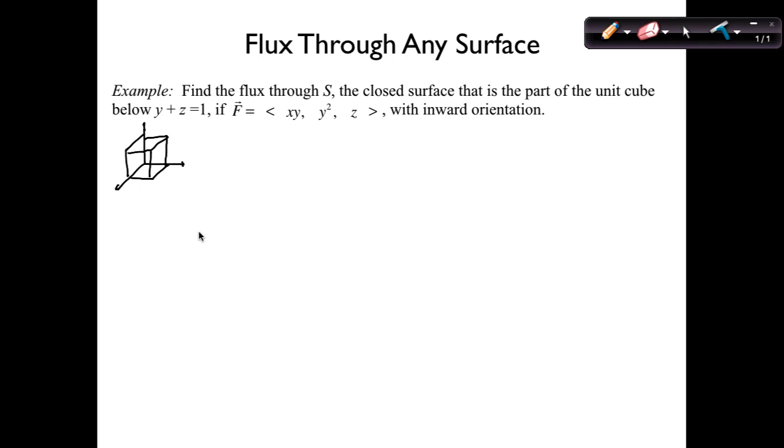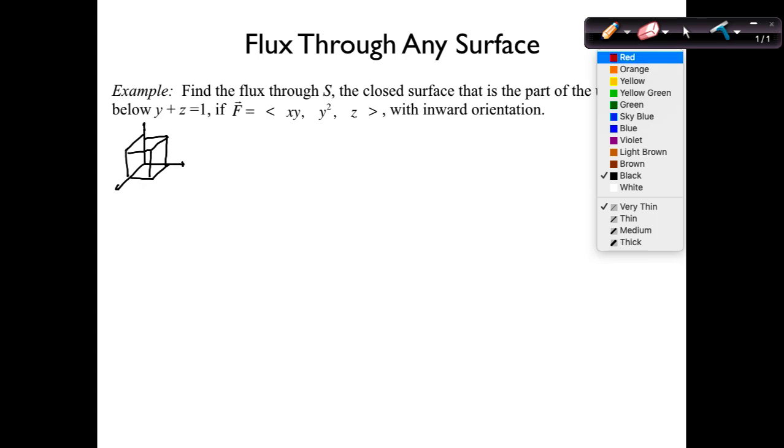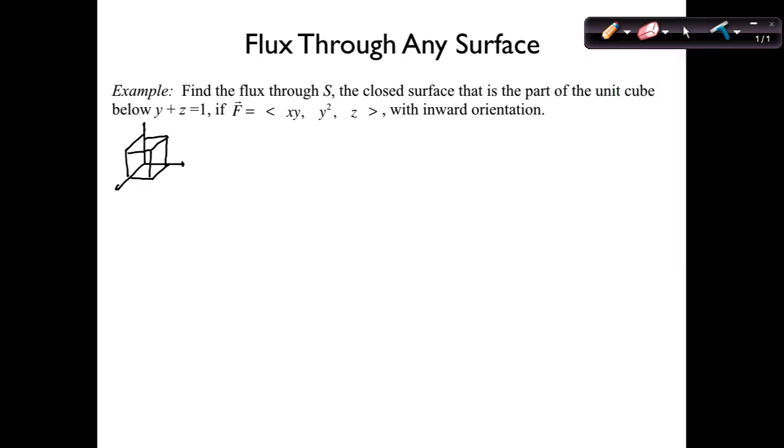So what's the part of that that's below y plus z equals 1? Okay, so y plus z equals 1, how does it cut this thing? It'll make a triangle, from 0, 0, 1 to 0, 1, 0, and a line going to there, and then extend it out to x equals 1.